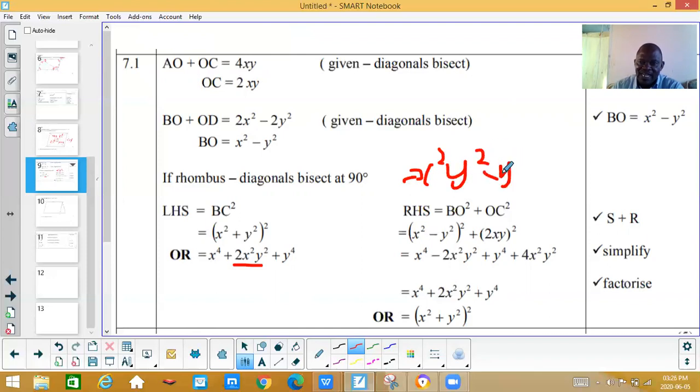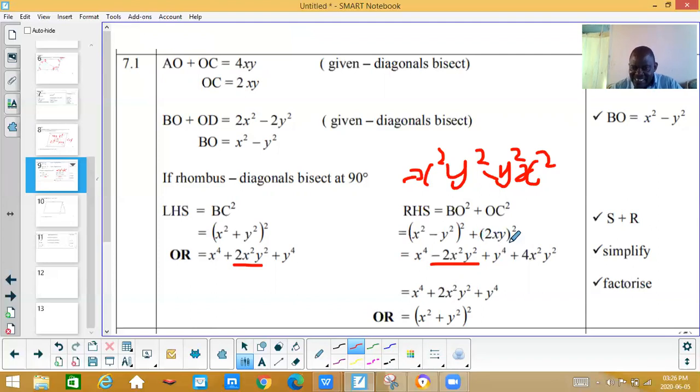This is the expansion. These are like terms. They will give us minus 2x squared y squared. Minus y squared times minus y squared is plus y to the power 4.